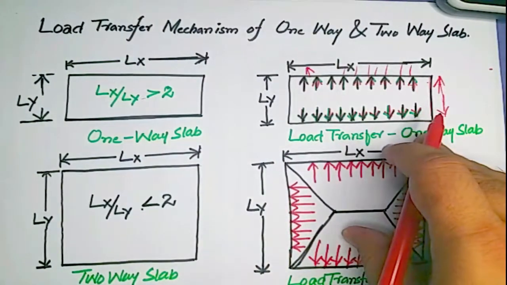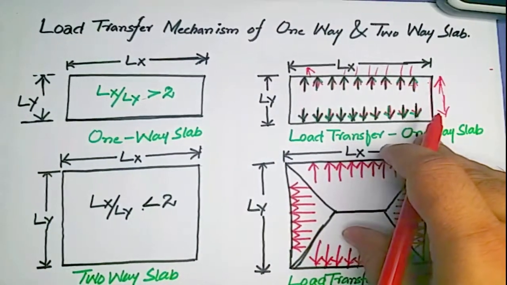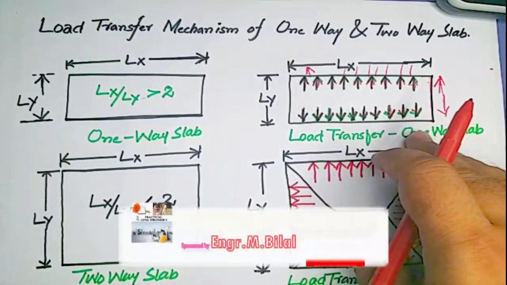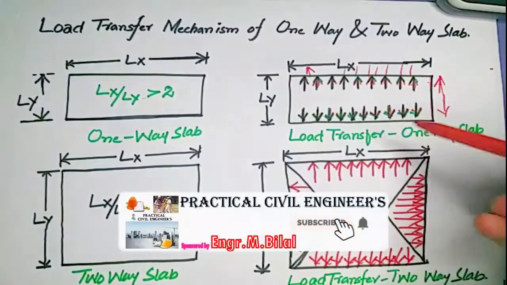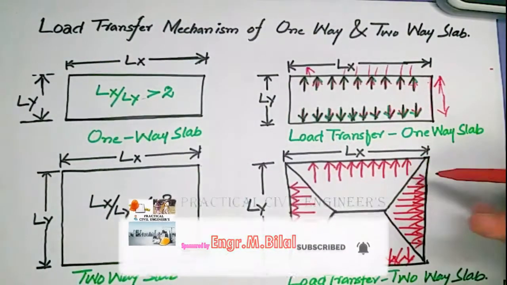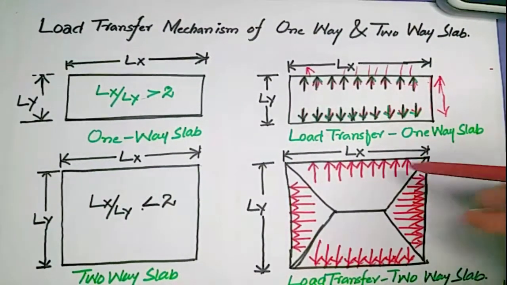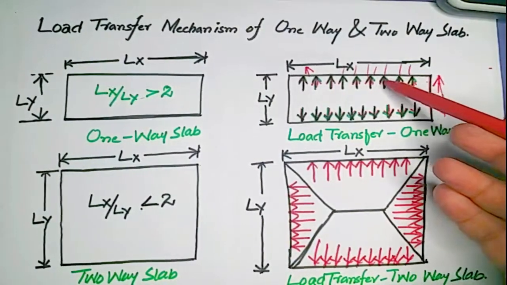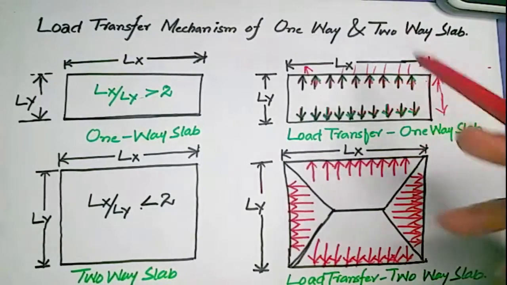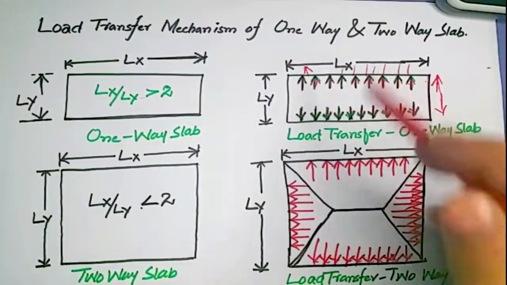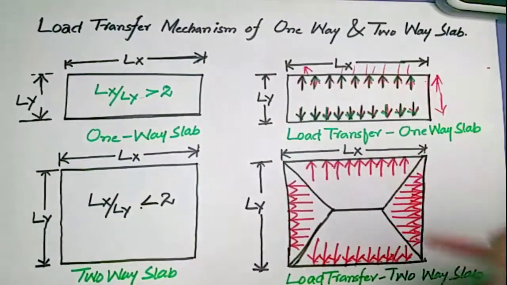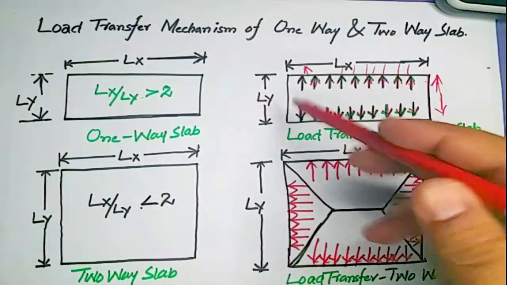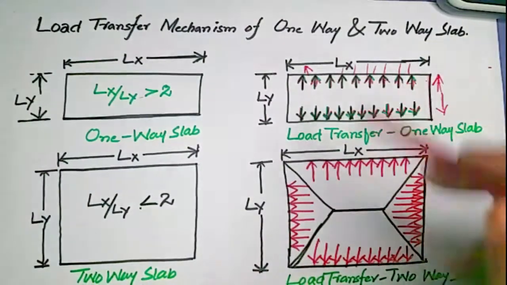So in a two-way slab, all four sides, and the loads are carried by the supports along both directions. This is in one direction, meaning up and down. This is in only one direction, which is the lateral side or vertical side.